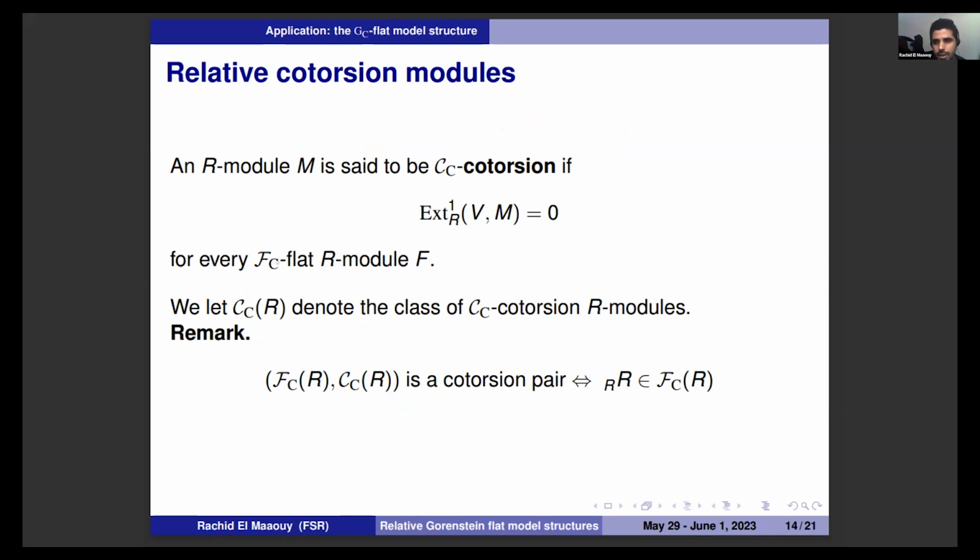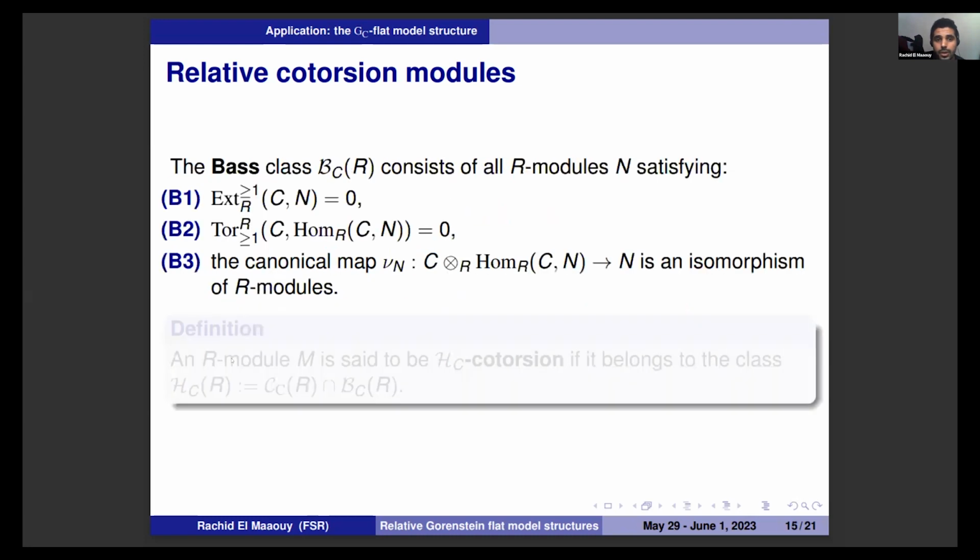However, this choice is natural, but the problem is that this pair is not a cotorsion pair in general, unless the ring R is relative flat, but this is not the case in general. However, we can keep this class, but with the help of another class, we can overcome this problem.